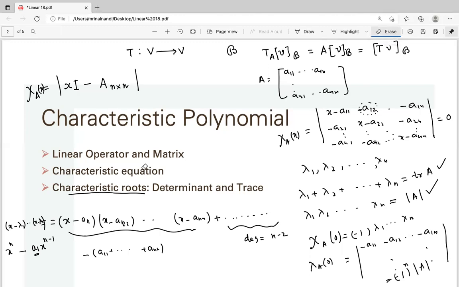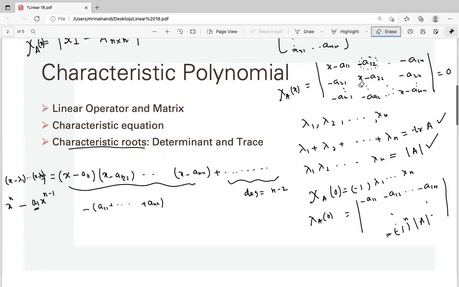So again, remember that the characteristic equation for a linear operator on a finite dimensional vector space and for a matrix is the same. Now we are going to discuss the corresponding equivalent form.